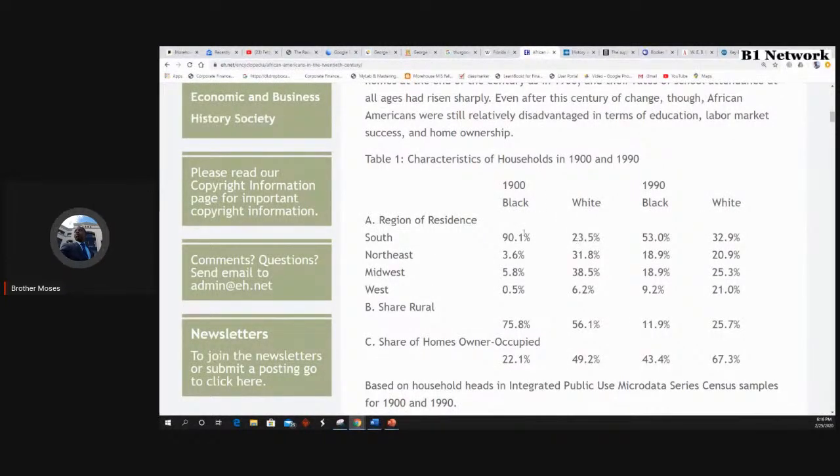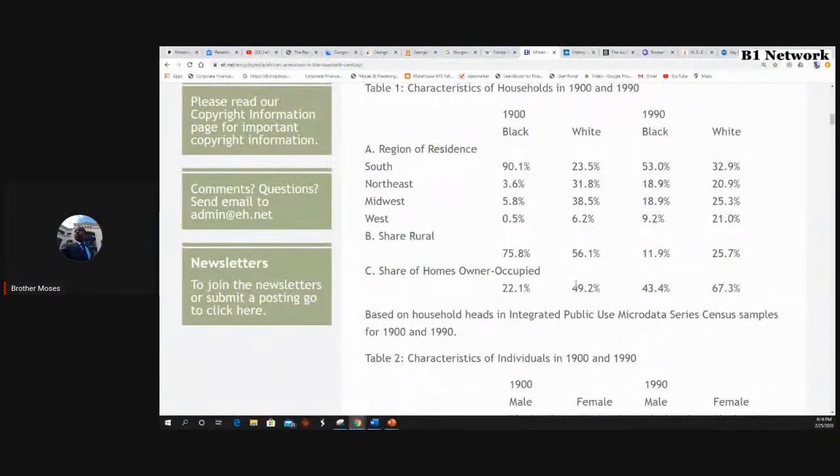The residents, 1900, 90% of Blacks had as a region of residence, they still lived in the South. Then the migration happened and all of that, which we know. 75.8% of them were in rural parts of the South. So they weren't even in the cities. And those who were in the more established cities in the South, there were segregated schools that their children couldn't go to. Not in mass.